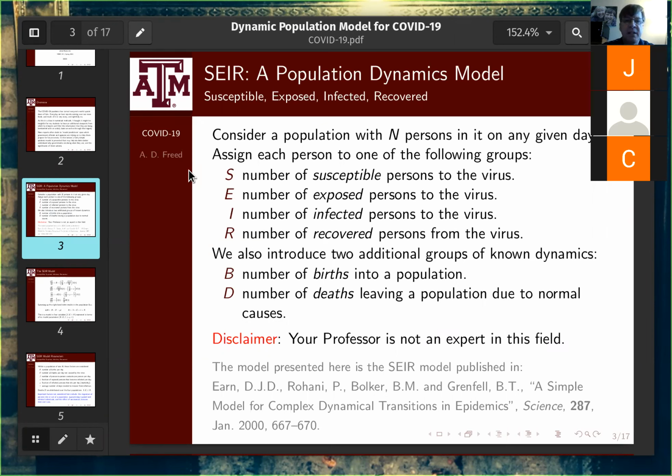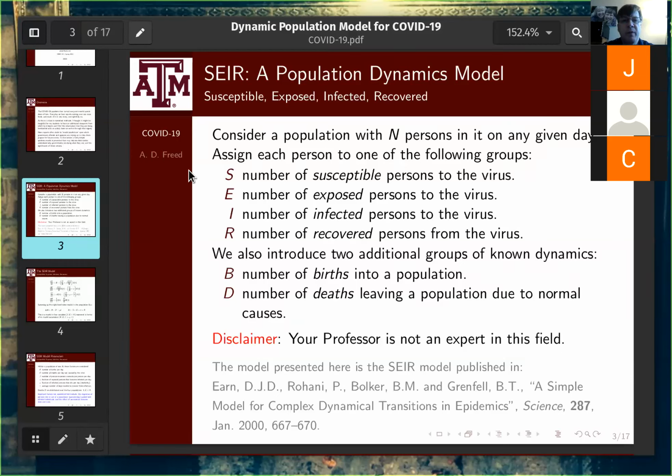So I thought, let's see if we can apply their model to our situation and see what we can learn from it. So we're going to consider a population of a given size. In this lecture, I'm going to choose the population to be Brazos County here, because that's where I live, and I can get the data from my local TV station and newspaper.